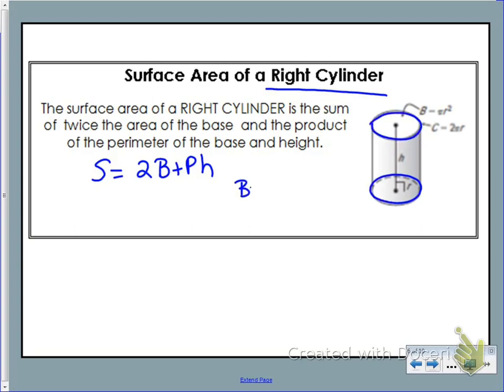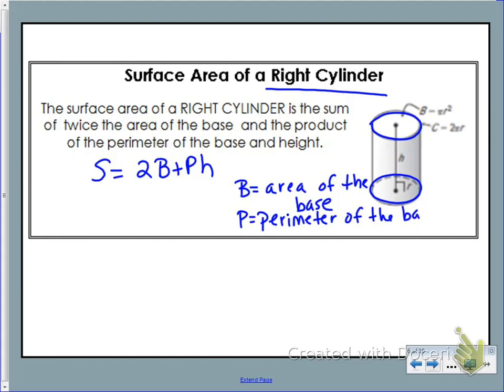So keep in mind, big B again is area of the base. Capital P is perimeter of the base. And H is height of the figure. So that's the perpendicular height that connects the bases.